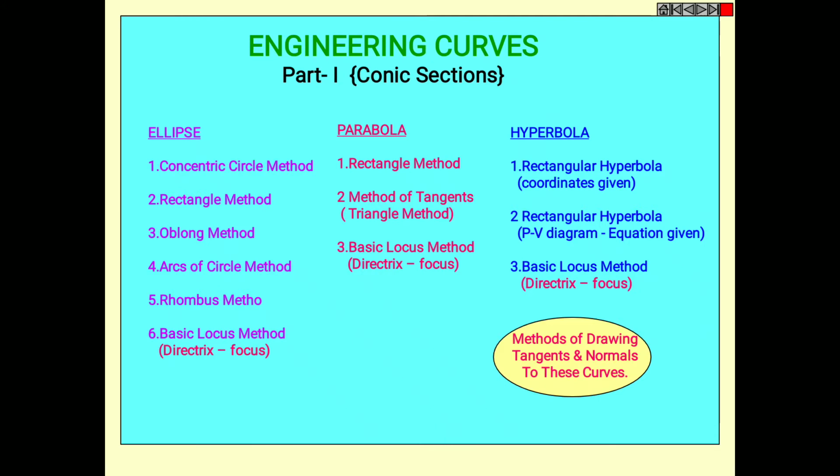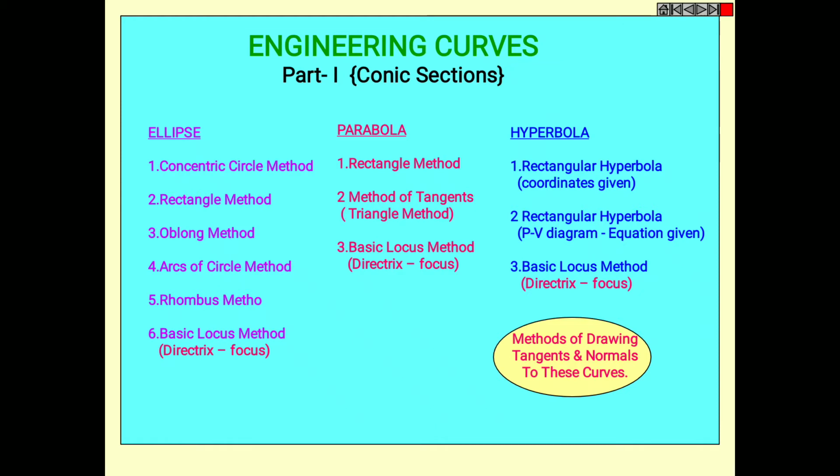So today we'll see the rest of the 3 methods, that is the arcs of circle method, rhombus method, and basic locus method. If time permits, we'll also move on to the next topic called parabola.